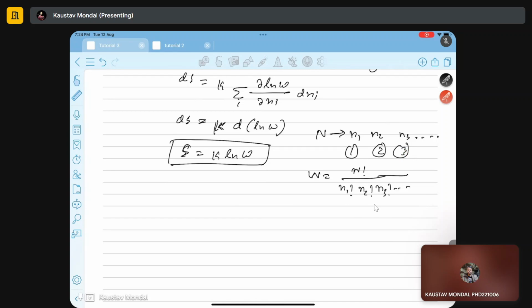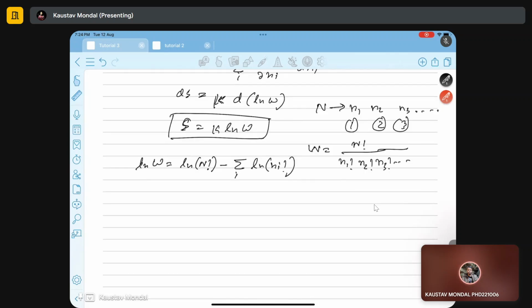If we take the log on both sides, ln W would be ln N factorial minus the summation over i of ln n_i factorial.